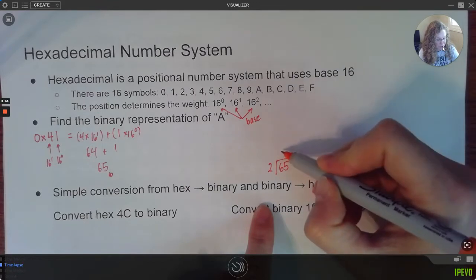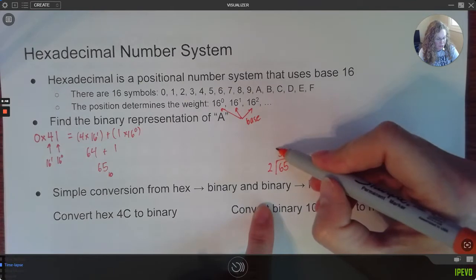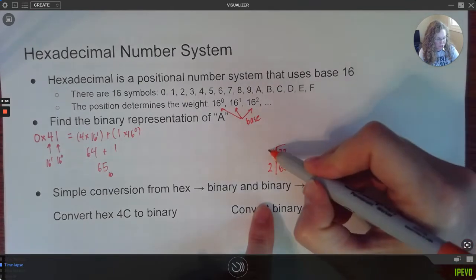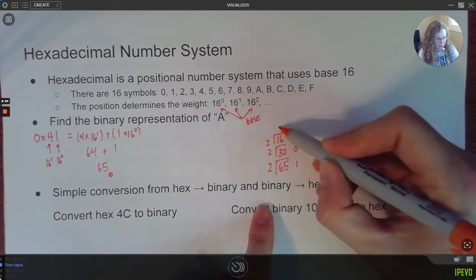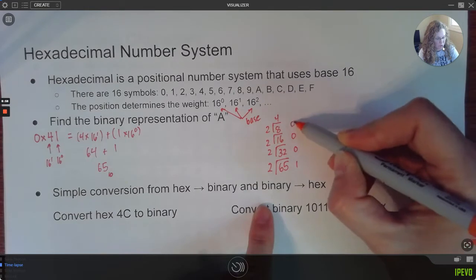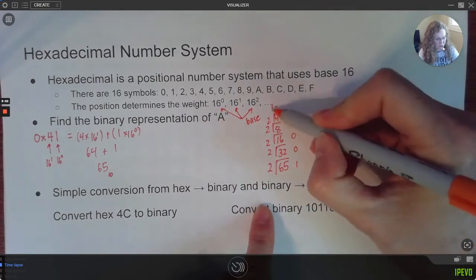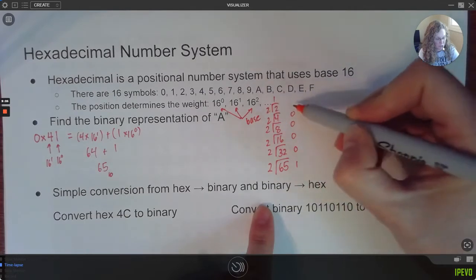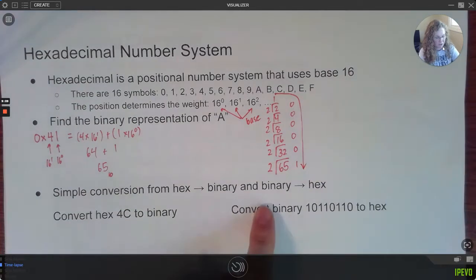Well, 2 goes into there 32 times with a remainder of 1. 2 goes into 32 16 times with a remainder of 0. Into 16 8 times with a remainder of 0. Into 8 4 times with a remainder of 0. Into 4 twice with a remainder of 0. Into 2 once with a remainder of 0. So that, if we read it down, will give us the binary representation of the number 65.